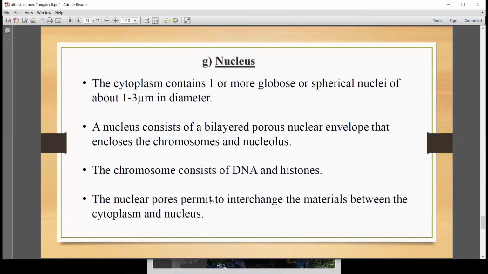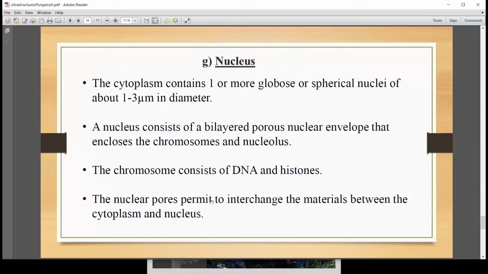Next one is the nucleus, a very important part of any cell. Cytoplasm contains one or more globose or spherical nuclei of about 1 to 3 micrometers in diameter. The nucleus consists of a bilayer porous nuclear envelope that encloses chromosomes and nucleolus. Chromosomes consist of DNA and histone proteins.